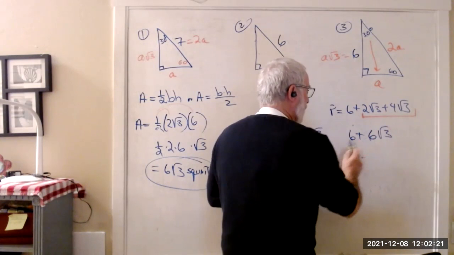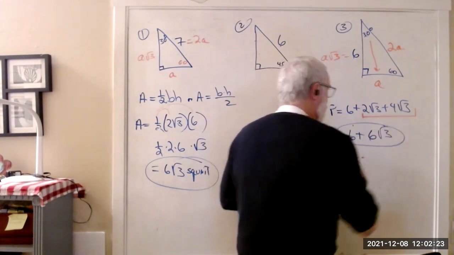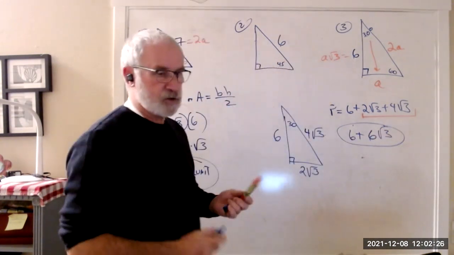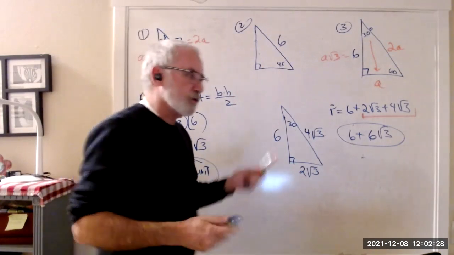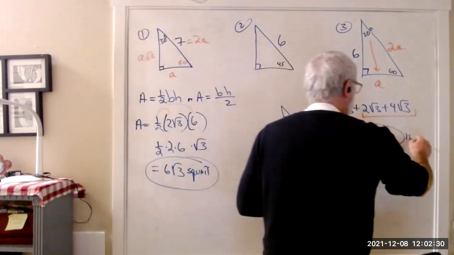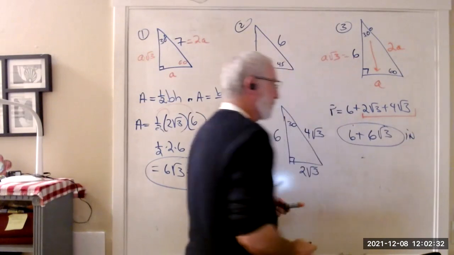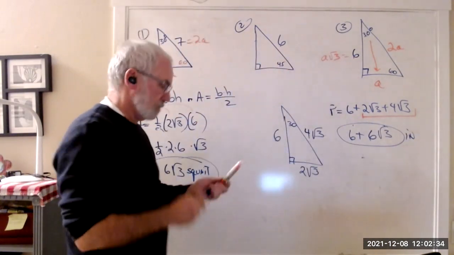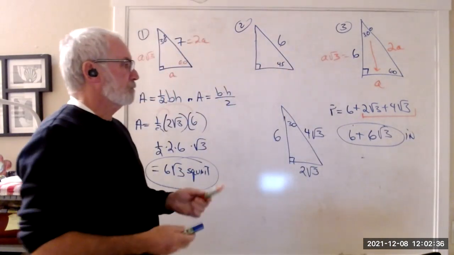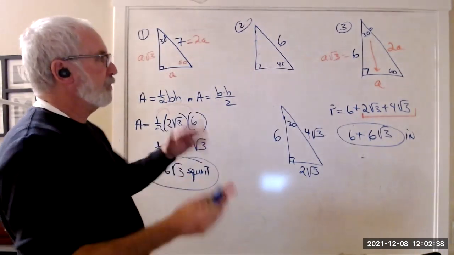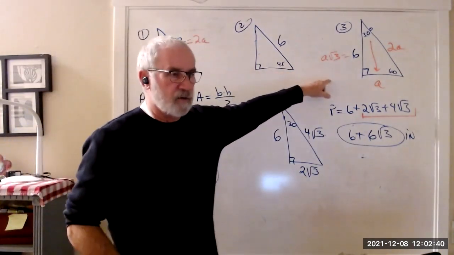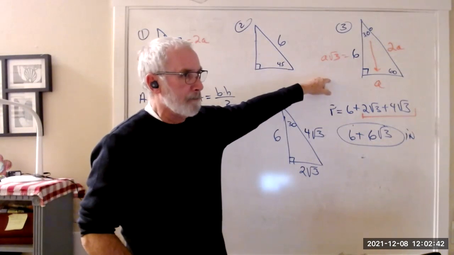These are not like terms, so you can't add them, and that's your answer. Inches or feet or miles or whatever your units are. So there's the perimeter and the area of this triangle. Is that okay with everybody?